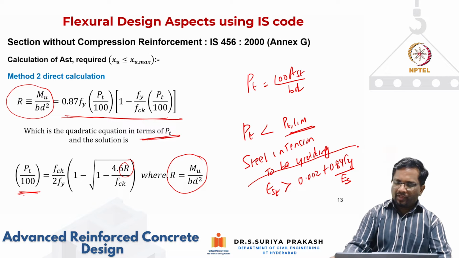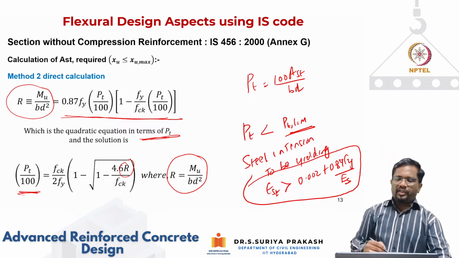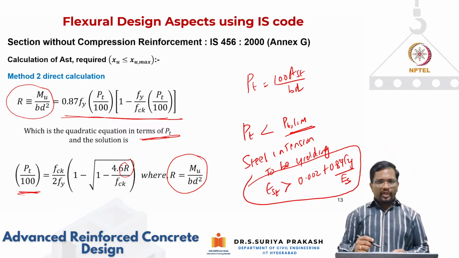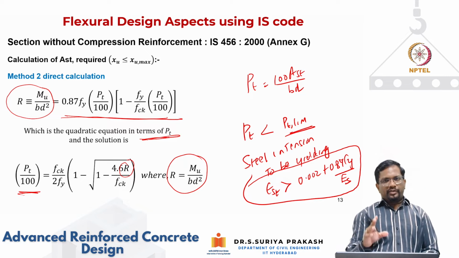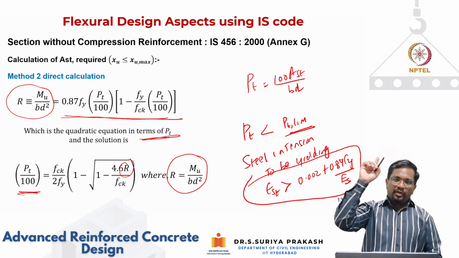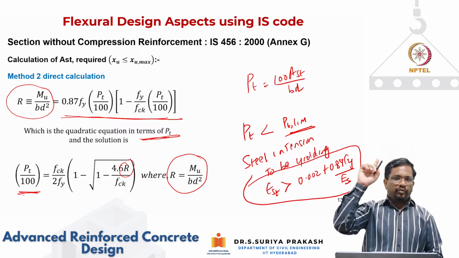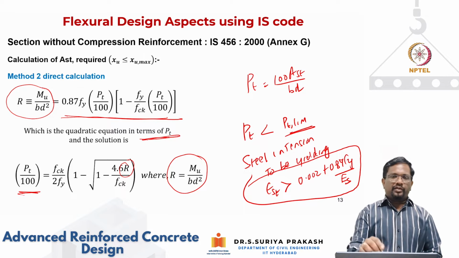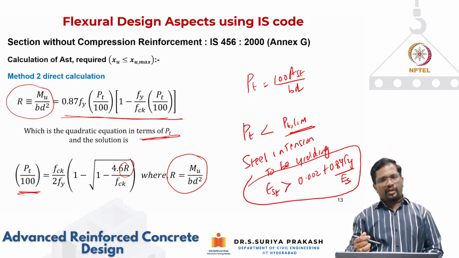So this condition has to be satisfied. Only then can we express all these things in terms of a quadratic equation, because only then will your stress become a constant value of 0.87 fy. Otherwise, we cannot solve directly from this quadratic equation.